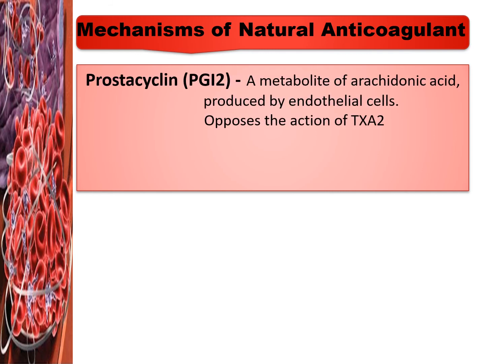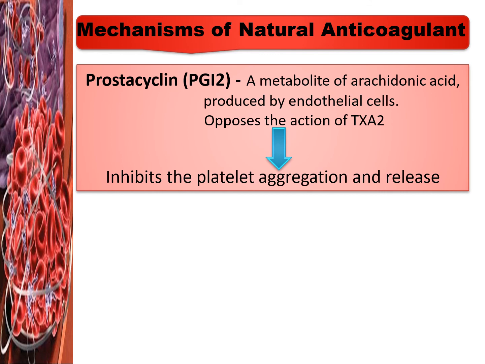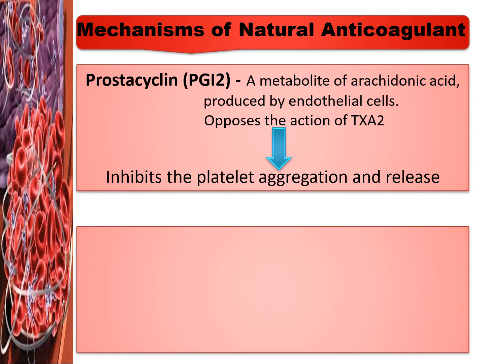We will study here prostacyclin, PGI2, a metabolite of arachidonic acid which is produced by the endothelial cells, and it opposes the action of thromboxane A2, and so it inhibits platelet aggregation and the release of the platelets. So it inhibits both the aggregation and the release of the platelets.